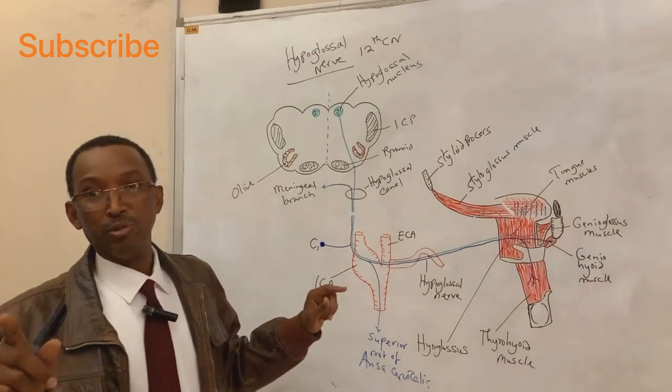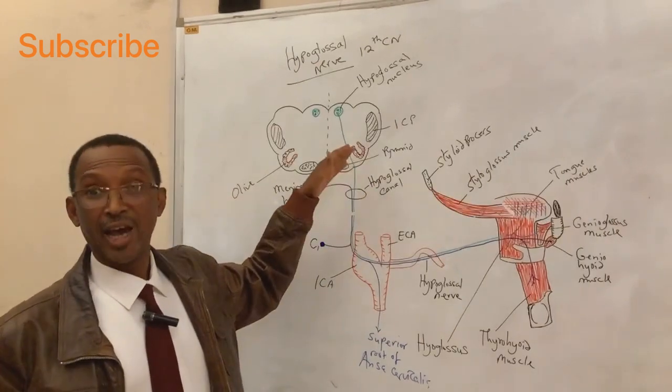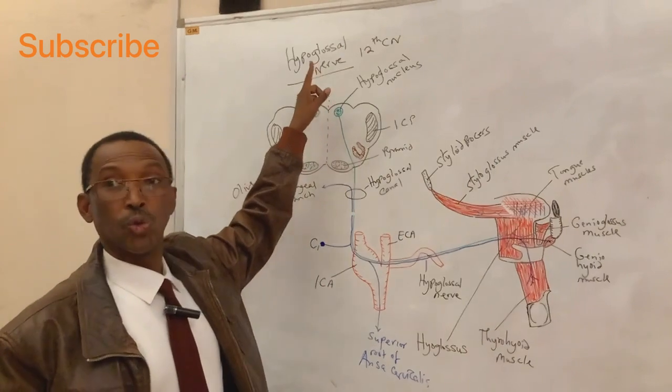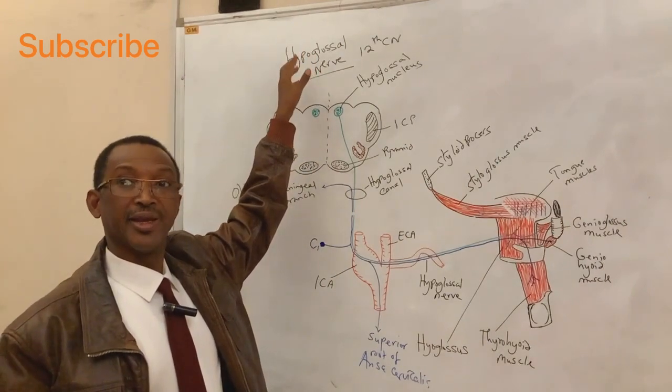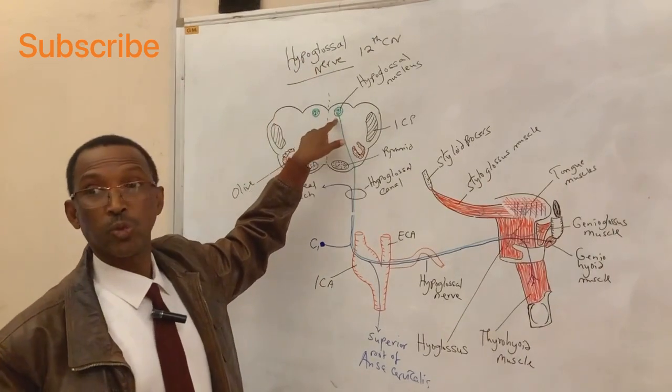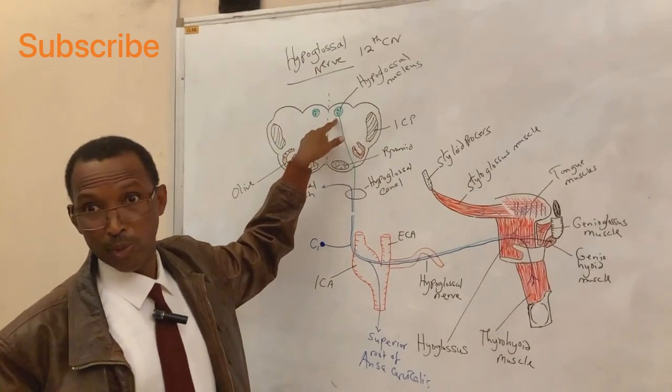But let me tell you something, which can happen again. There are also corticobulbar fibers coming from the cortical areas that synapse with the nucleus of the hypoglossal nerve.